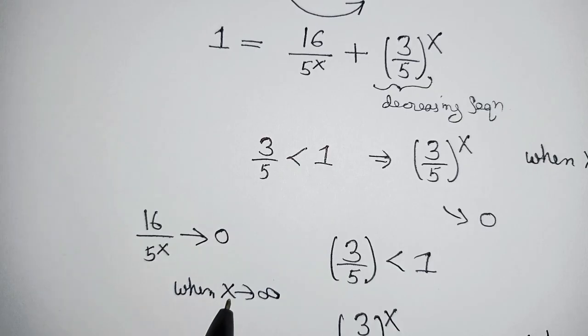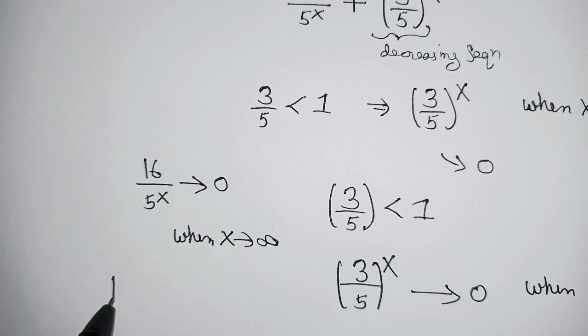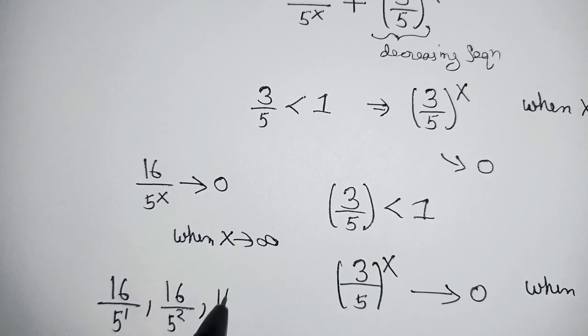Why? Because when x tends to infinity, the value of x is increasing. When you put x as 2, this will become 16/25, and similarly the sequence will be like this: 16/5^1, 16/5^2, 16/5^3, and so on.